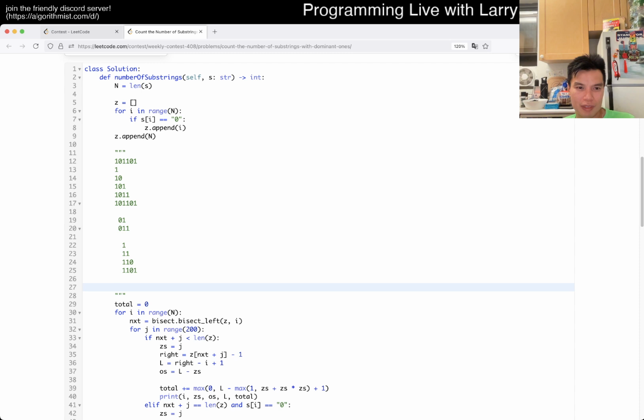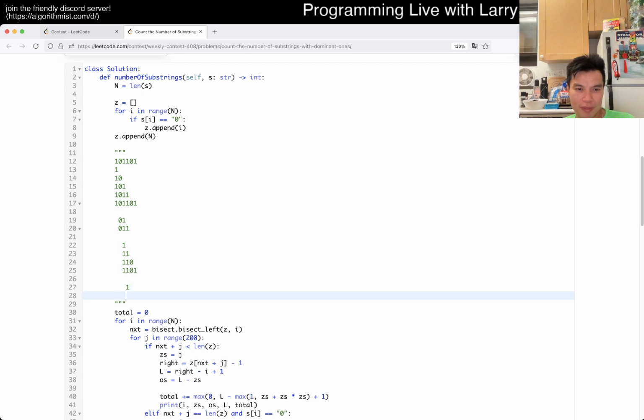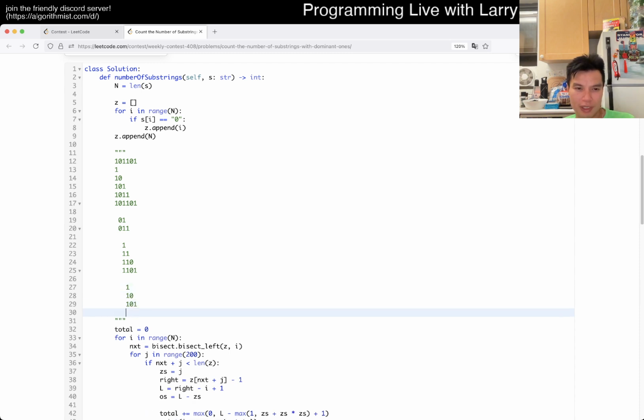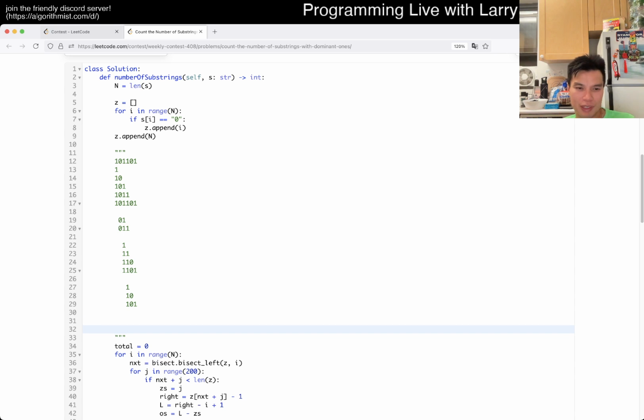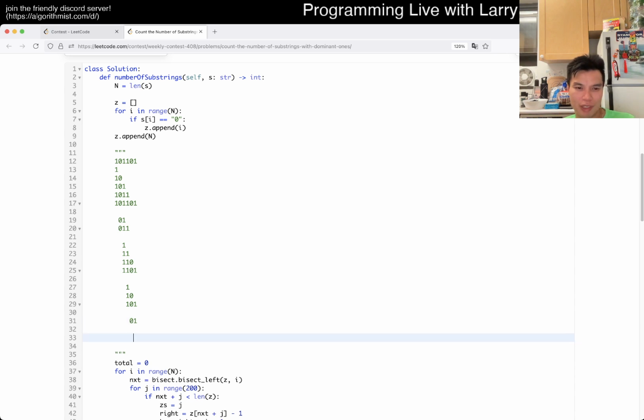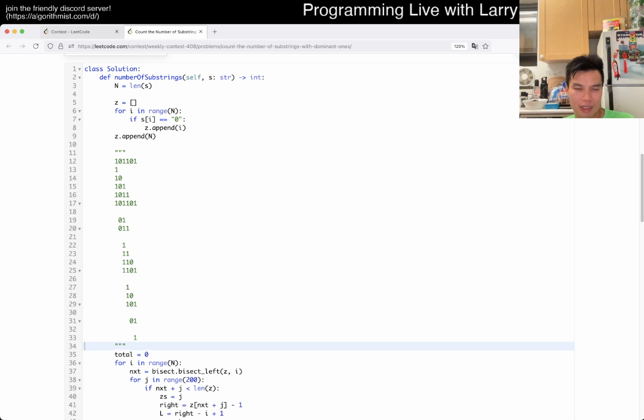And then the next one's gonna be 1, 2, 3, and then the next one, this maybe 0, 1, and then 1. Right, so that's 5 plus 6, 11, plus 5 is 21. No, 16. Okay.